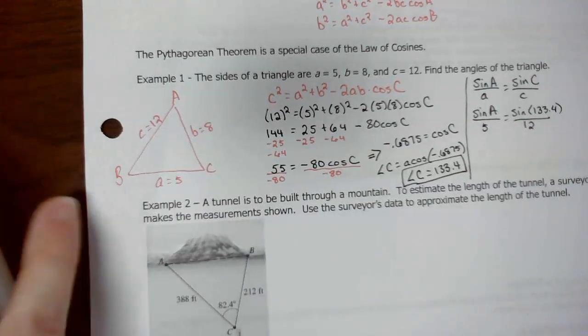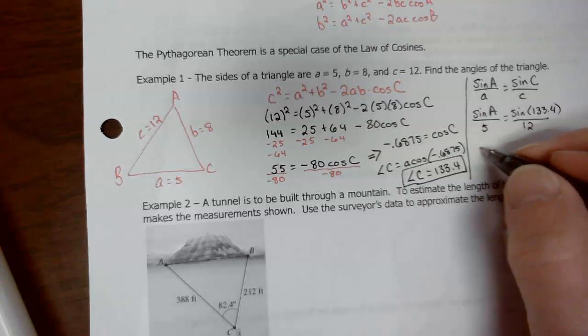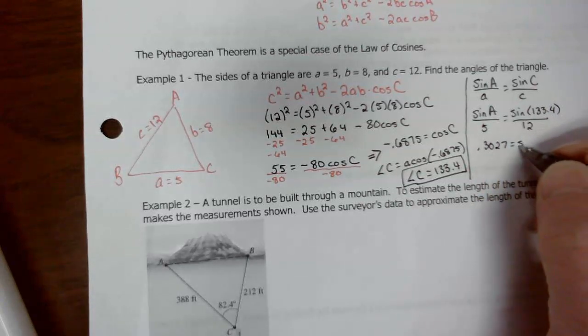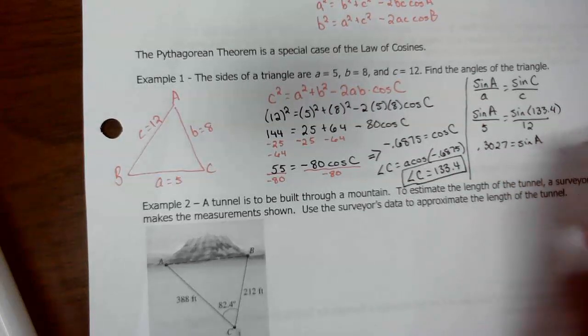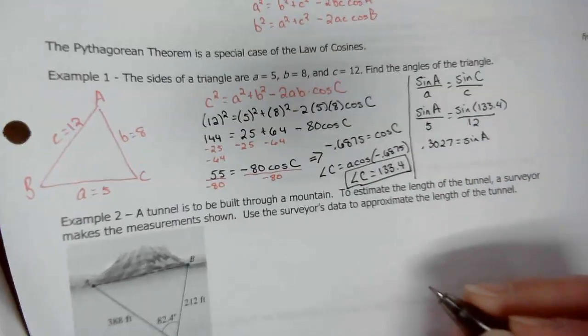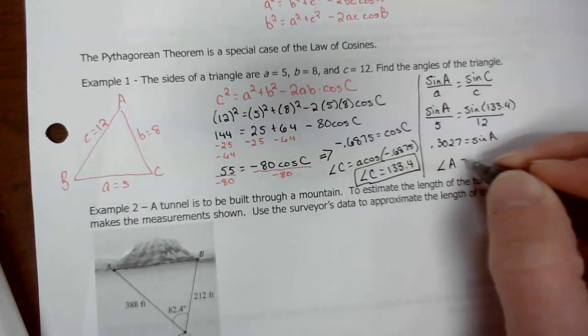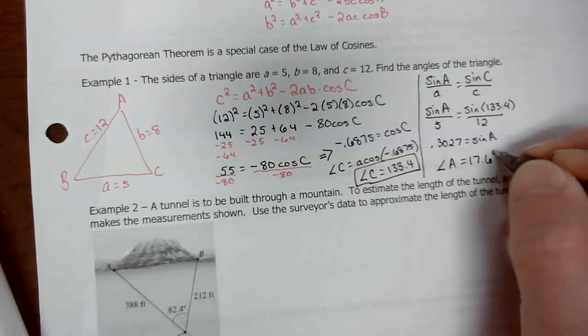I do some cross multiplying, and I end up getting 0.3027 equals the sine of A. Remember, to find the angle, we would do arc sine. And I get that A is 17.6.